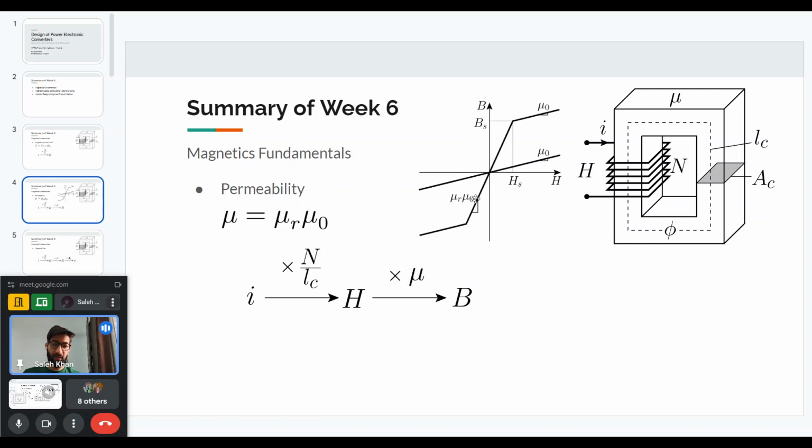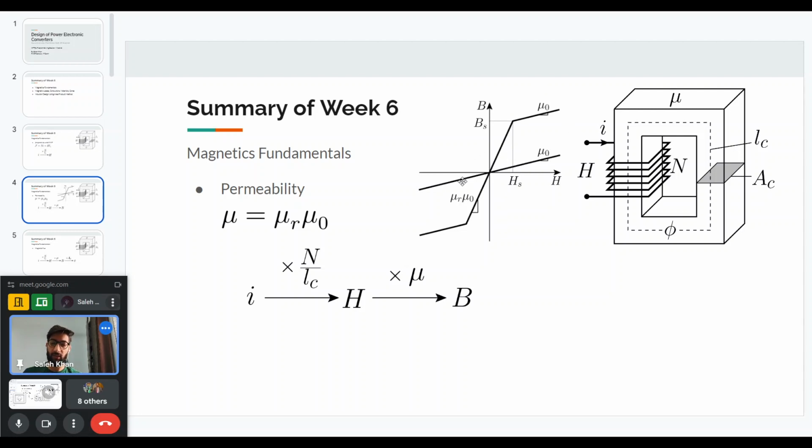But after a certain value of H, the relative permeability decreases and ultimately becomes 1, so that all that is left is the permeability of free space, and this point is called the saturation point. Sometimes this saturation point is very sharp, depending on the material.